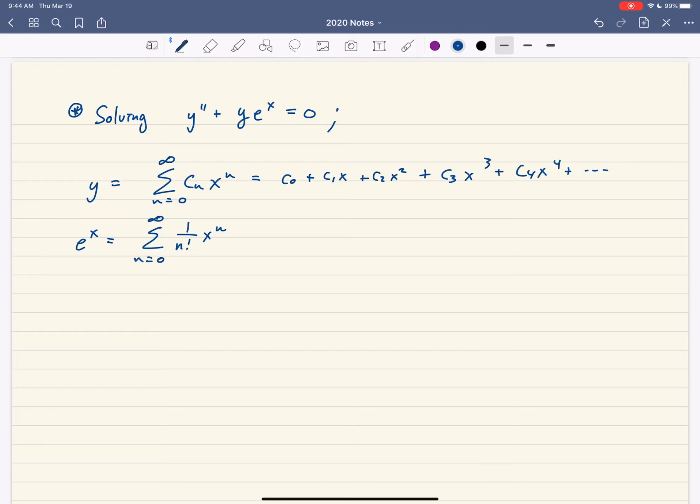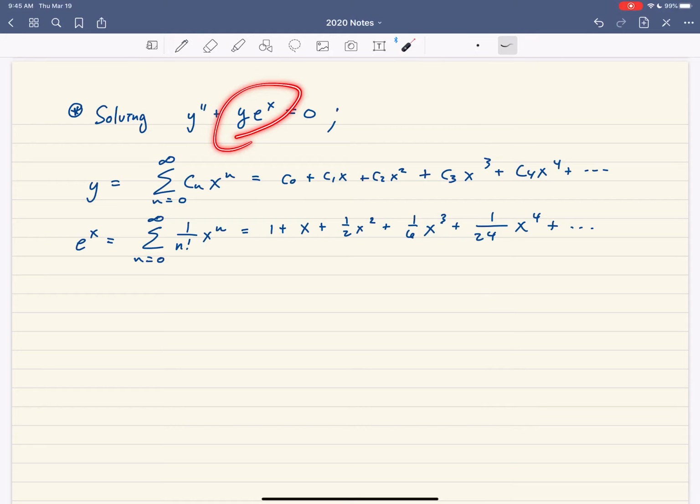And we know that e to the x, if n is 0, we get 1. If n is 1, we get x. If n is 2, we get 1/2 x squared. If n is 3, we get 1 over 6 x cubed. If n is 4, we get 1 over 4 factorial x to the fourth, and so on. Okay, so again, just taking those up to x to the fourth for each term. And now I want to come up with a power series for their product.